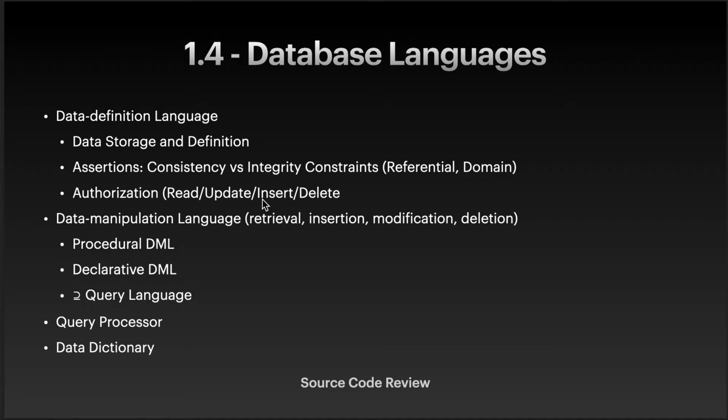As a result, when you try to insert data on the lower level, the database management system is looking at the data dictionary to make sure your insertion operation lines up with the consistency constraints you enforced with the DDL. You also have a query processor, and basically, it does what it says.